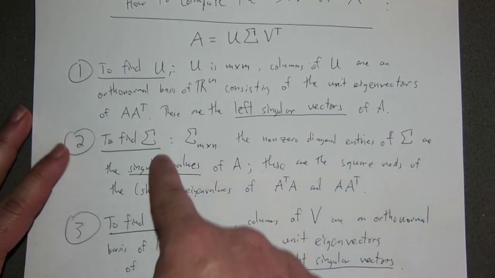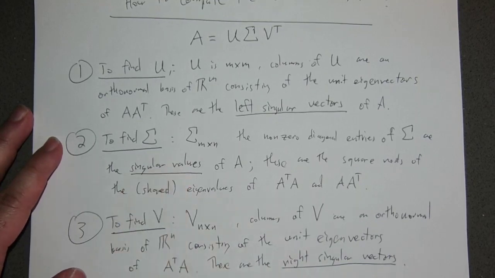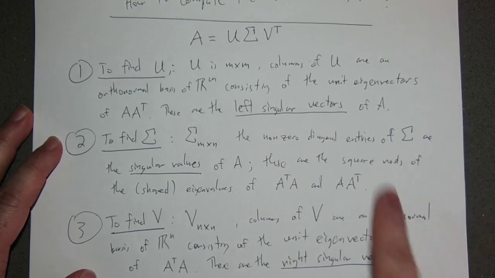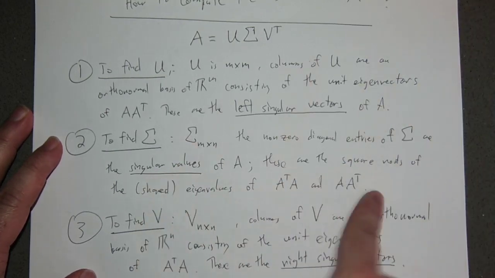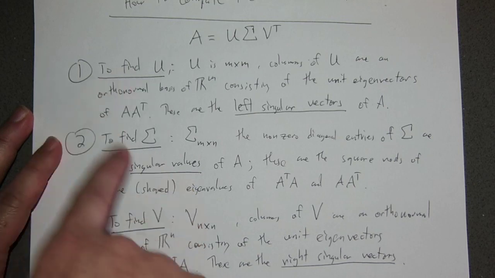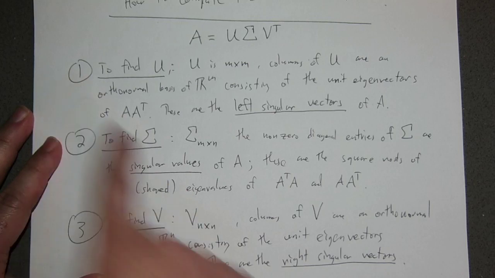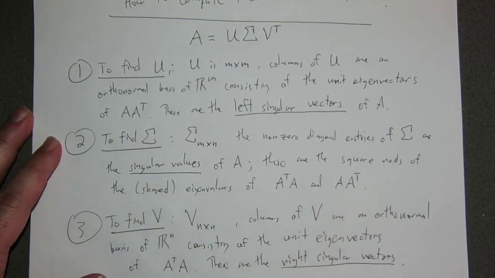To find sigma, remember sigma is rectangular diagonal. So everything off that diagonal is 0, and the entries on that diagonal are the square roots of the eigenvalues of A transpose A and A A transpose. If what we care about is U and sigma mostly, then I already have A A transpose computed from part 1, so this is what I'm looking at.